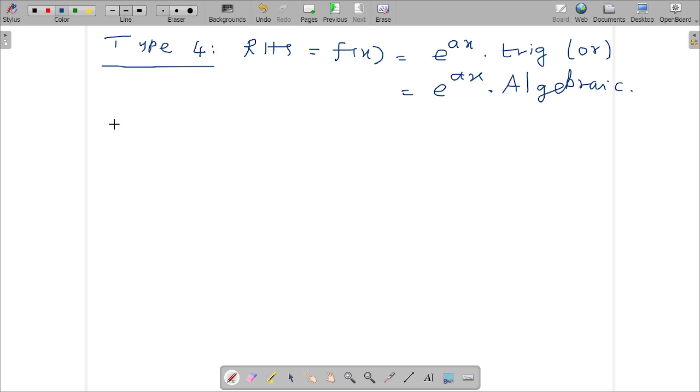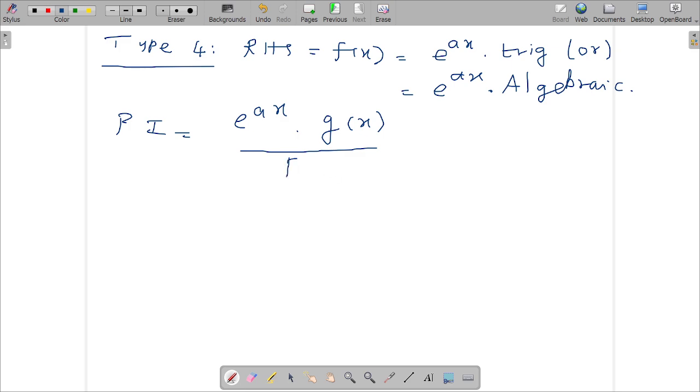At that time, the particular integral becomes e power ax into g of x, where g of x may be trigonometric or algebraic, I don't know, divided by f of D, the left hand side.